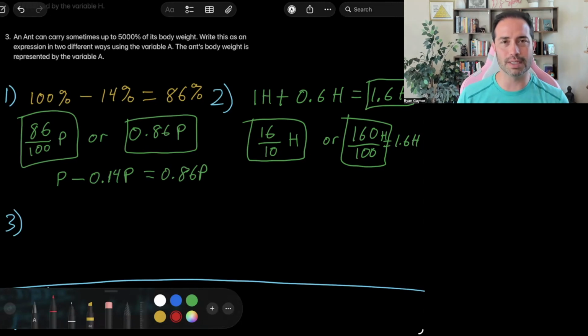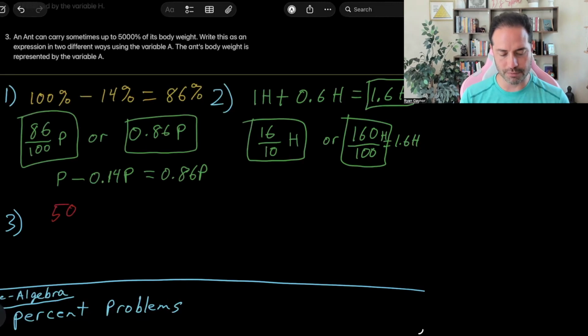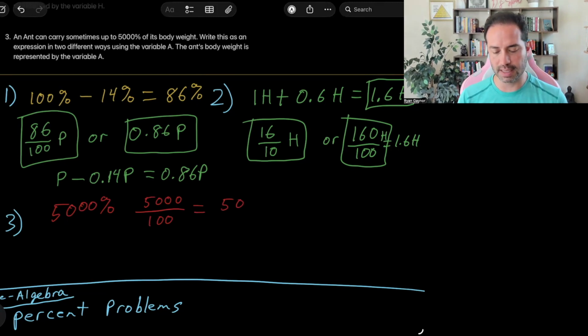So the rule again, right, is you take the percentage, so 5,000%, okay? Percent to decimal means you divide by 100. So if we take that number 5,000 and we divide it by 100, we will get 50. And then we multiply it times the a, right?